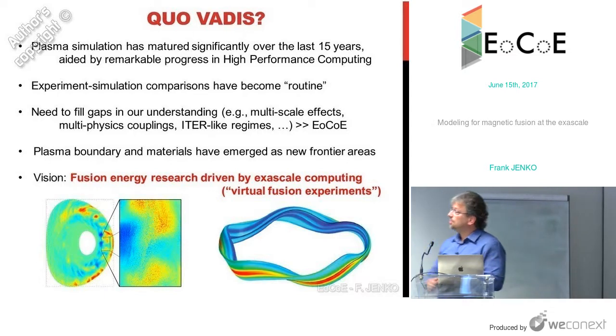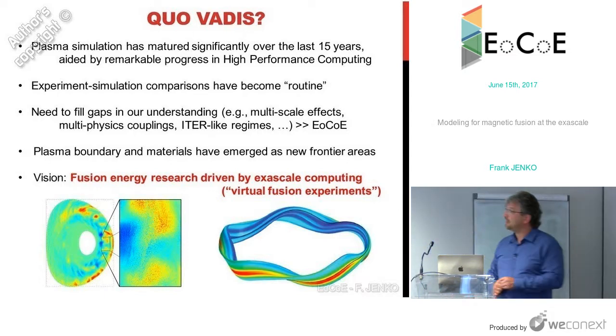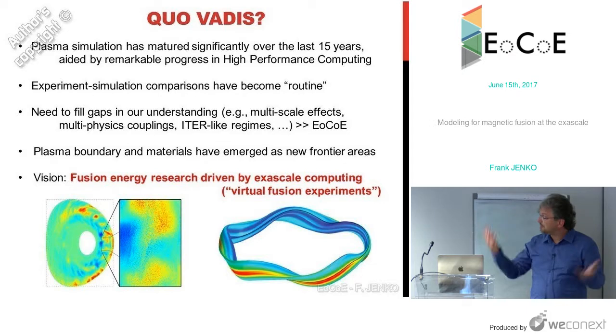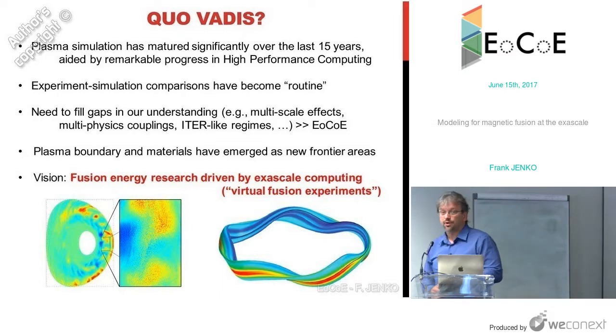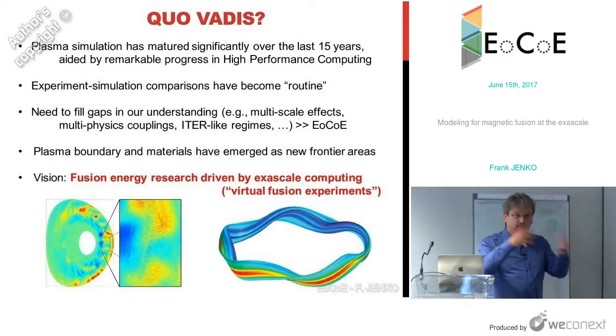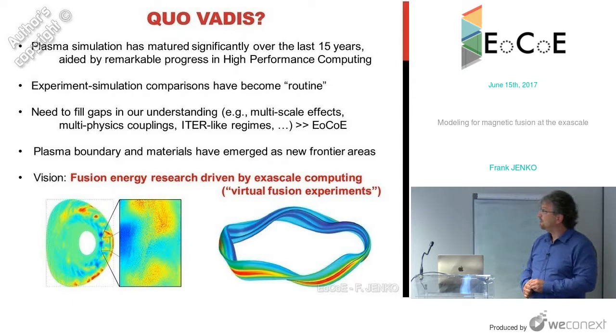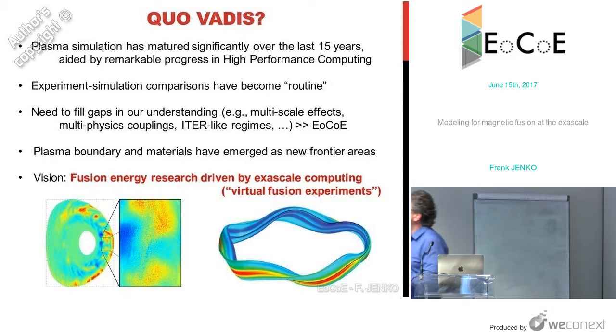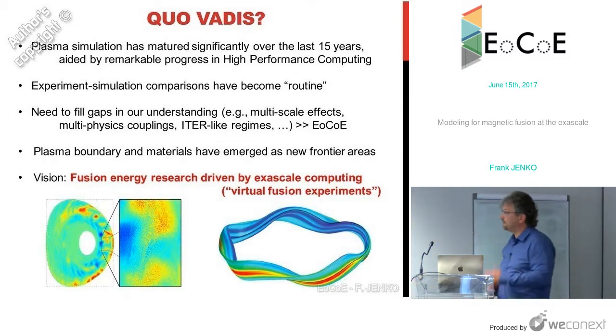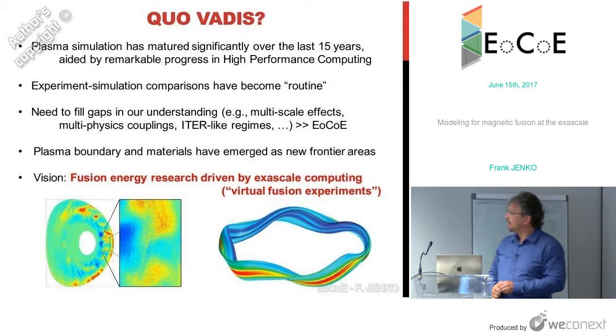But there are also still gaps in our understanding which come from this multiscale, multi-physics situation. We also have to extend our simulations from present-day machines to the future machines like ITER, which are in a somewhat different parameter regime. And these are all topics that are to be addressed and are being addressed in the context of this project here.